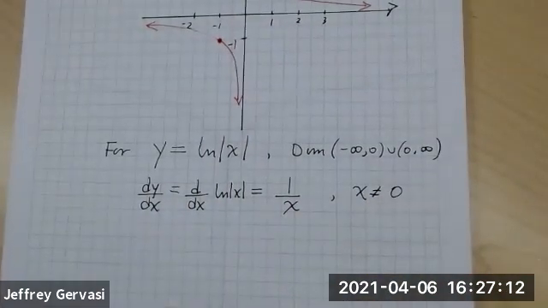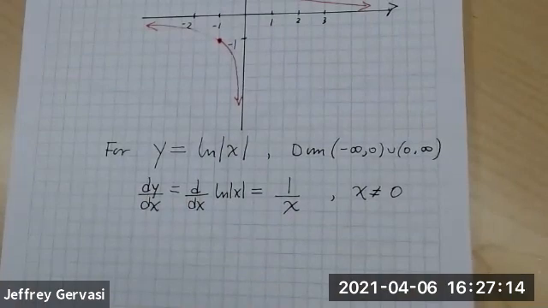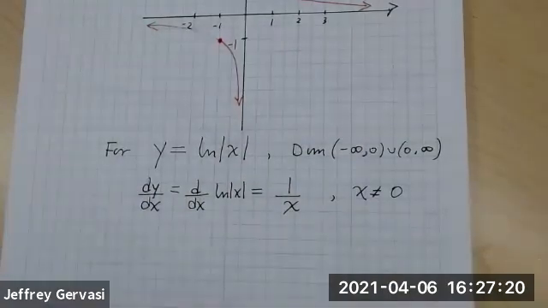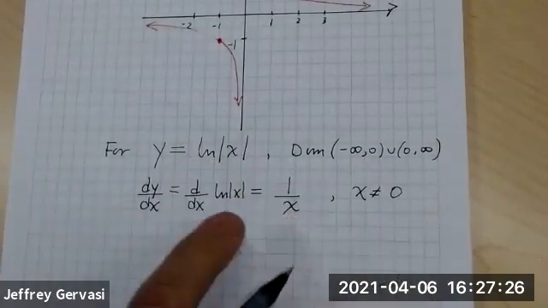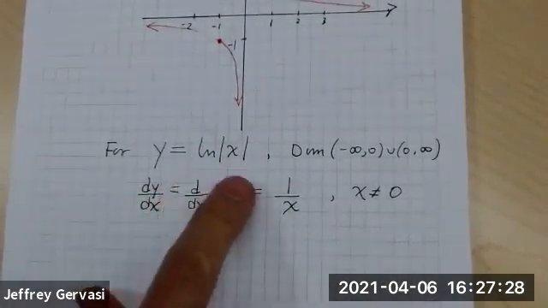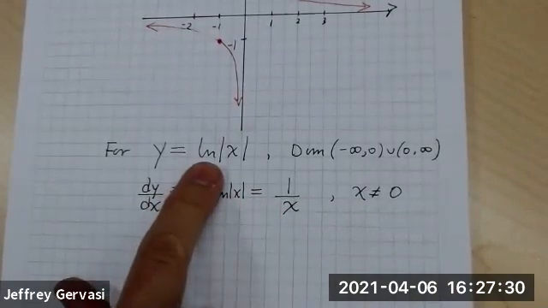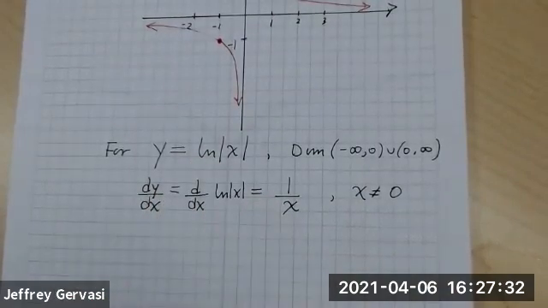So the derivative of the logarithm of the absolute value of x is equal to the reciprocal function, 1 over x. Isn't that interesting? That's good to remember, gang, because that comes up pretty often.